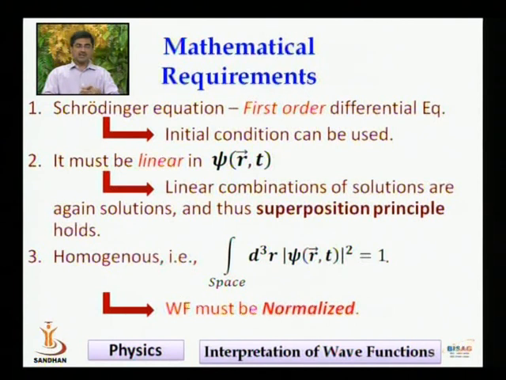If they are all solutions of the Schrödinger equation, then linearity suggests that even their linear combination is also a solution. That means if we have some constant C1 multiplied by psi 1 plus C2 multiplied by psi 2 plus C3 multiplied by psi 3, like this, then this linear combination will also be a solution of the Schrödinger equation.